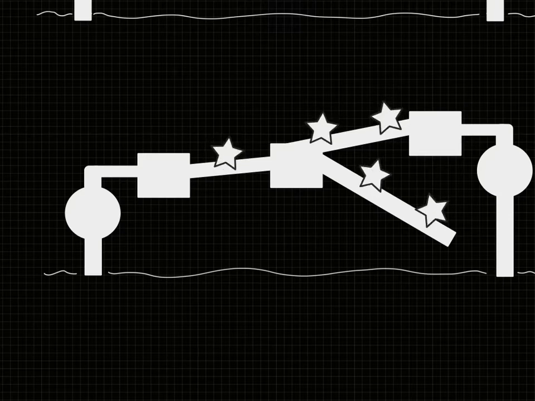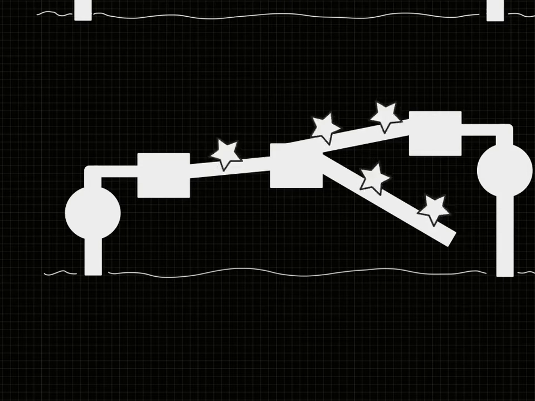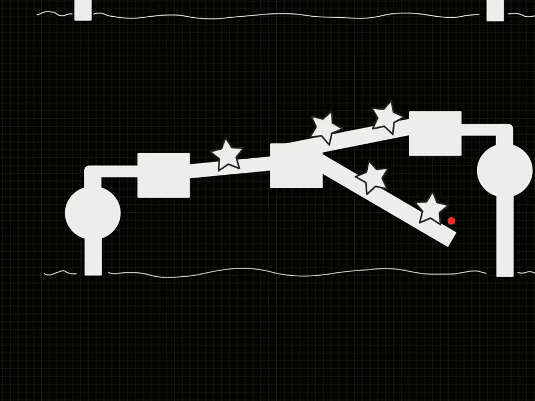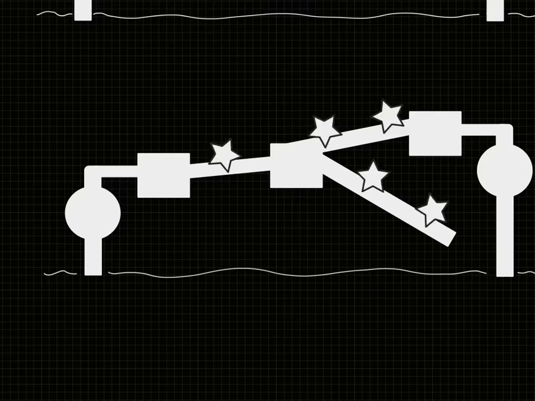Actually, it can't be the exact same resistor values. The center resistance, this guy here, must have changed because now the potential from here down to ground is different. So this resistance here has increased. So it makes it more difficult to send a current down here. So this potential stays higher.